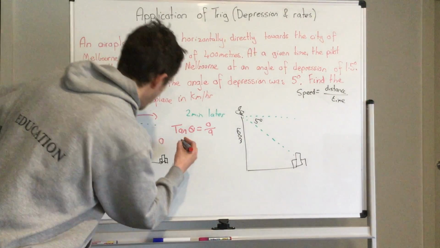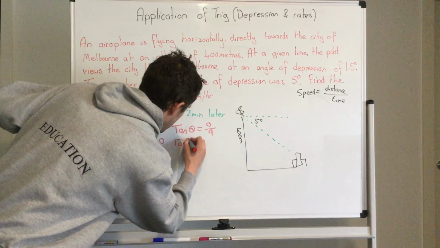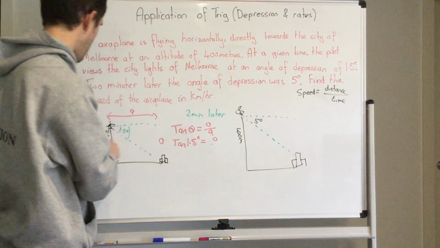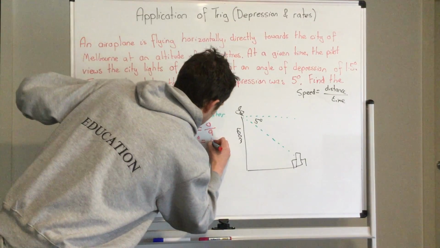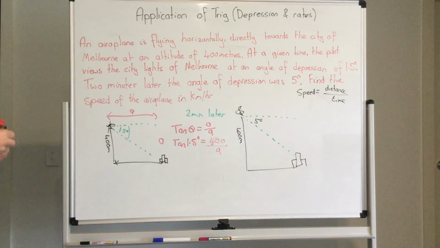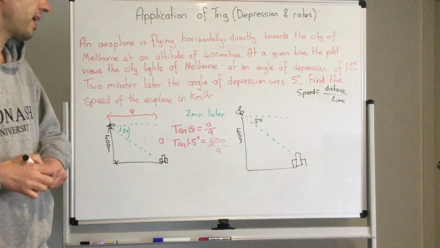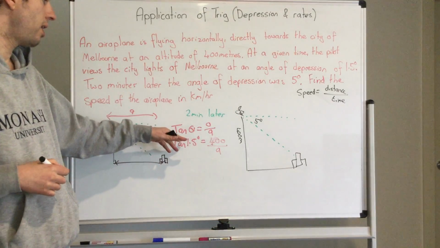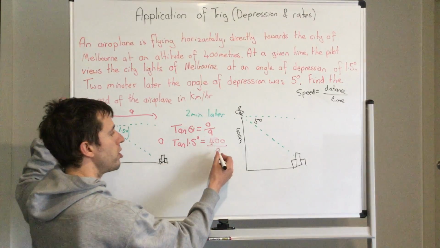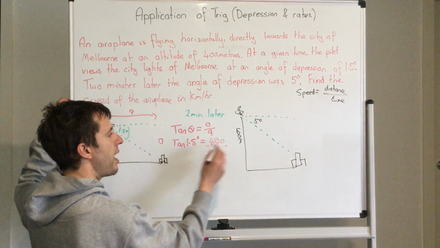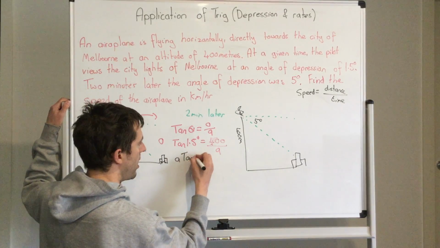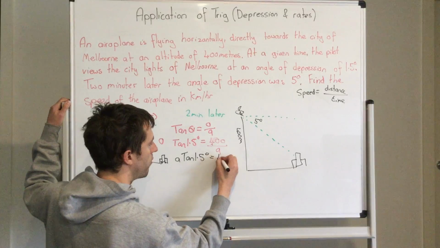Tan 1.5 degrees equals opposite, 400, over A. Now I would like to get A by itself. I'll do it one step at a time. Times each side by A. A cancels out on this side and it becomes A tan 1.5 degrees equals 400.